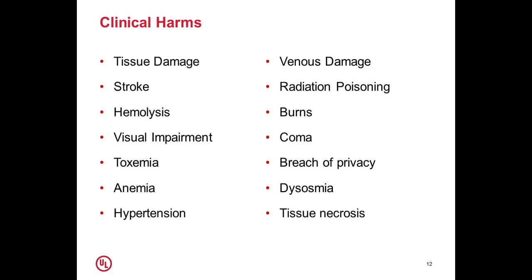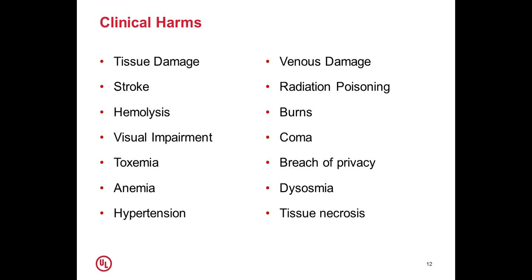Now, clinical harms, for example, tissue damage. What is tissue damage? Dead cells, damage to the skin, stroke, hemolysis, visual impairment, toxemia, anemia, hypertension. All of these are clinical harms.